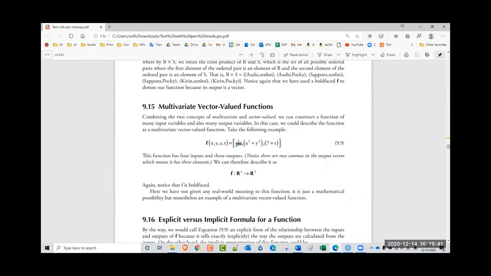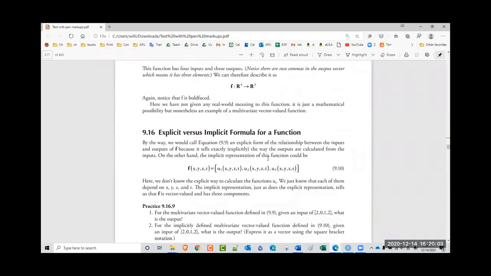Here's one, here's another, and then the third piece. So we have a vector with 3 elements as the output, and the inputs have this many. And we calculate the outputs by taking what's in here and doing this to it.